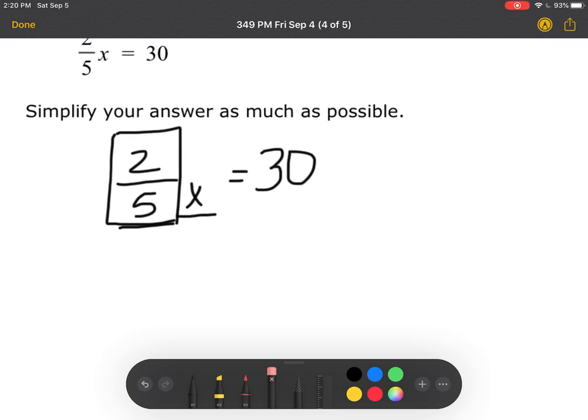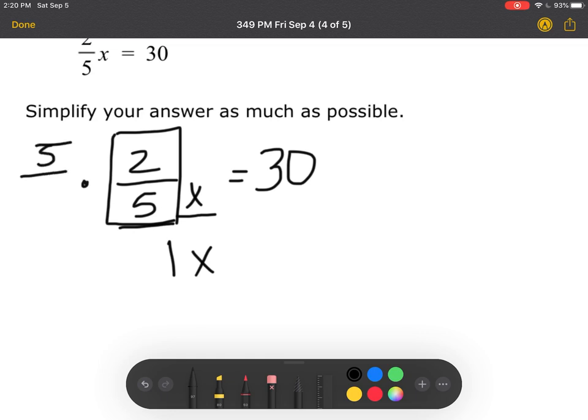So if I have 2/5 x and I just want to have x, I need to have 1x, because 1x is just the same as x, right? So in order to get 1, I need to multiply by something.